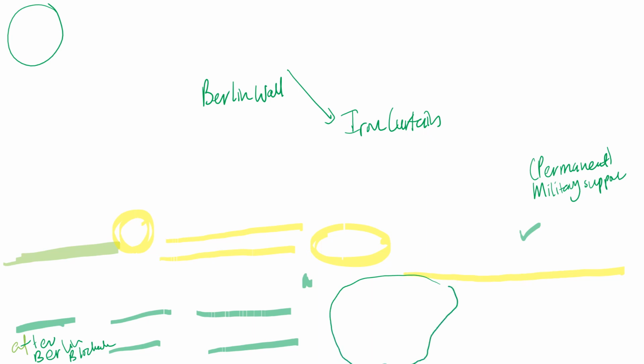And when you stop the spread of communism, it literally shows that containment is a success, and countries were able to continue surviving without being attacked or approached by communist Soviet Union.